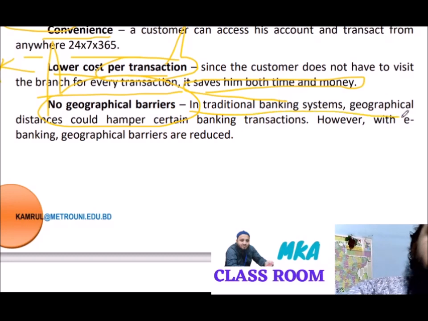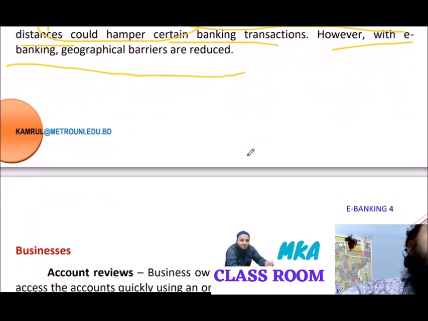In traditional banking it is not possible to maintain a New York account, but this reduces the geographical barriers. So now you can participate in global banking with the help of electronic banking.